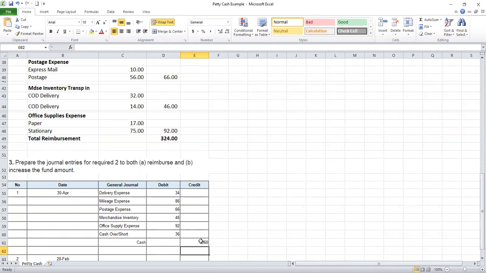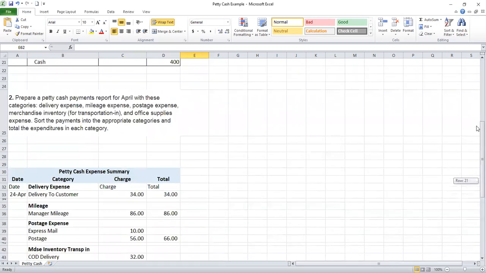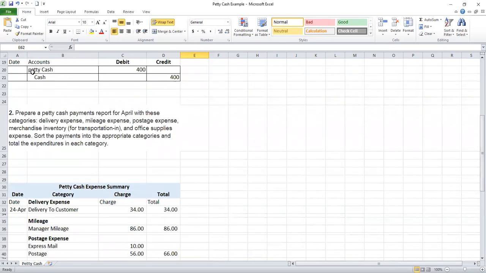So you never actually credit petty cash, even though you're using petty cash funds to pay for all these expenses. You credit cash. You're writing out a new check for cash for $360 that's going to go into your petty cash fund. So petty cash, once you initially debit it, unless you want to add more money to it, this is the only entry you touch petty cash for.